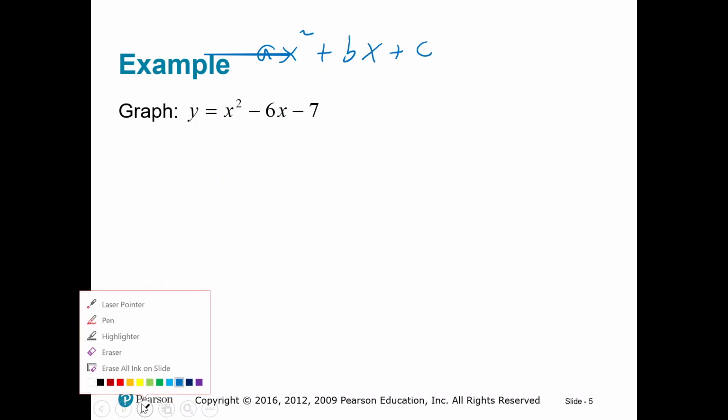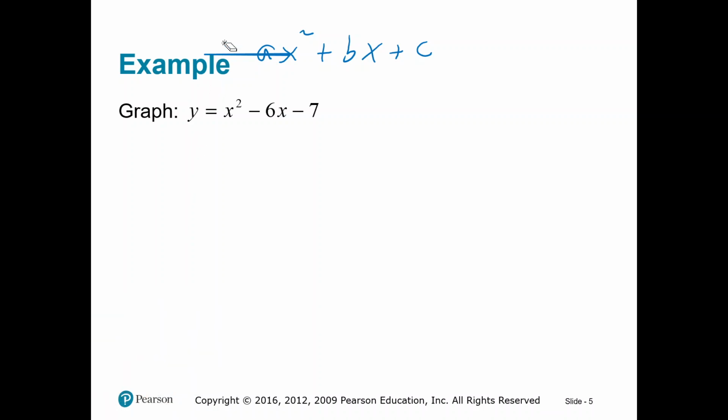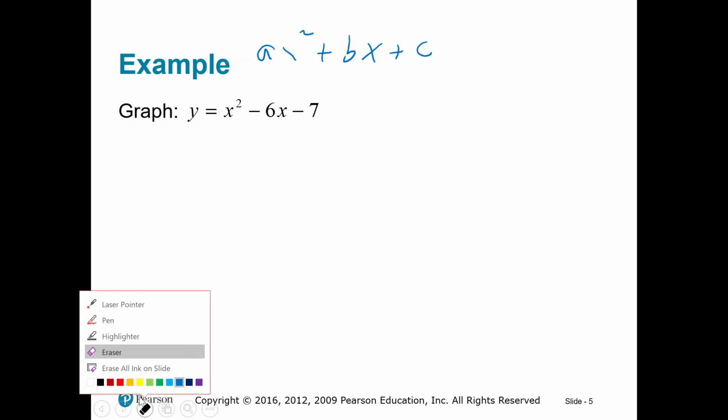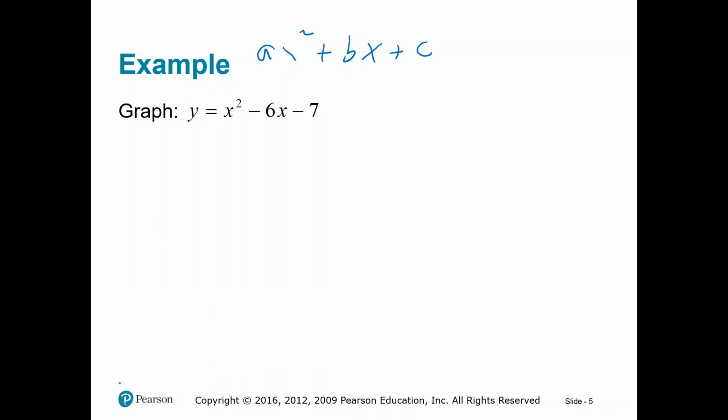And so you can see that the a is 1. There's a 1 right here. So a is 1, b is negative 6, and c is negative 7.